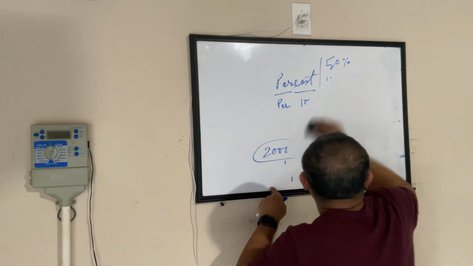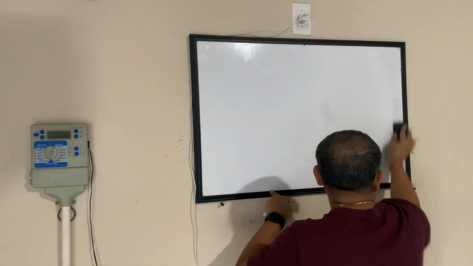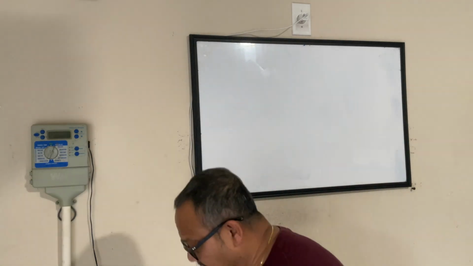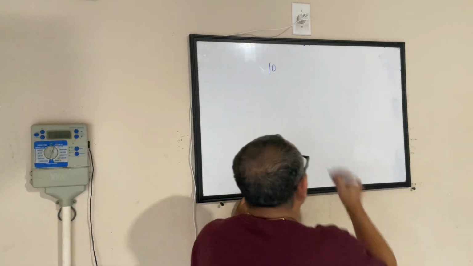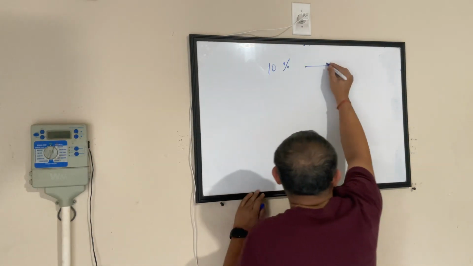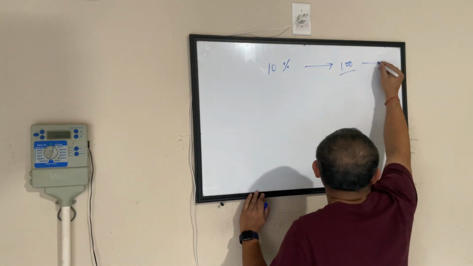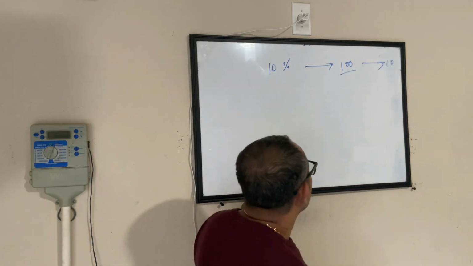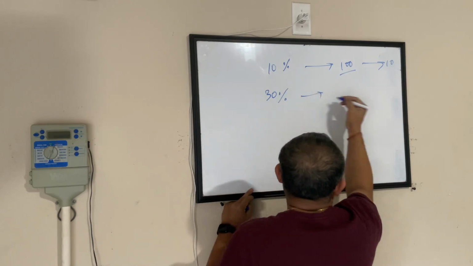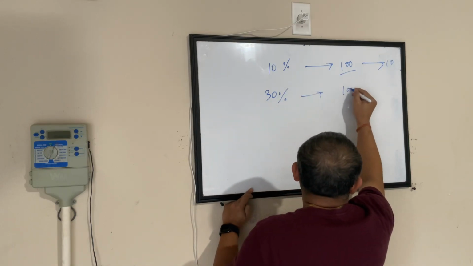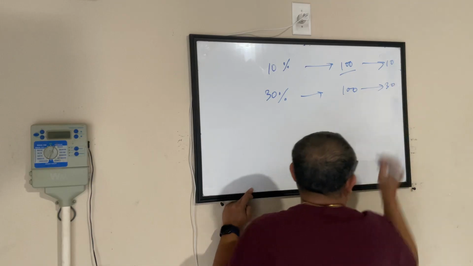So if you say 30%, 20%, 100%, 50%, this is how you interpret. If I say you will get 10% discount, meaning for every $100 you will get $10 discount. If I say 30% benefit, meaning for every 100 I'm going to get $30 extra.